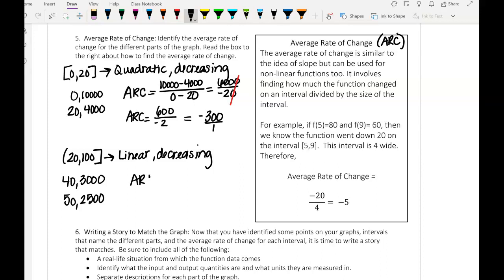So my average rate of change is 3,000 minus 2,500 over 40 minus 50, which gets me 500 over negative 10. And again, I can cross out a set of zeros there. So my average rate of change for the linear is negative 50 over 1.